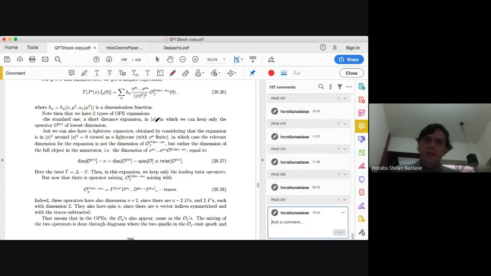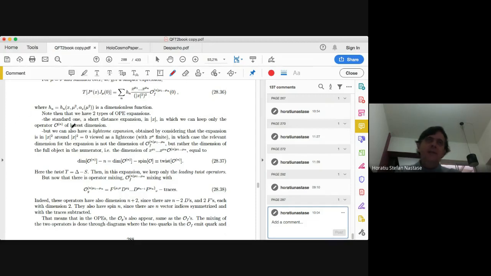So that's what we meant: an expansion in Euclidean space. Before, we meant an expansion in Euclidean space, Wick rotated to Minkowski space, which meant an expansion really in x going to y, or x going to zero, in which we keep the operator of lowest dimension.